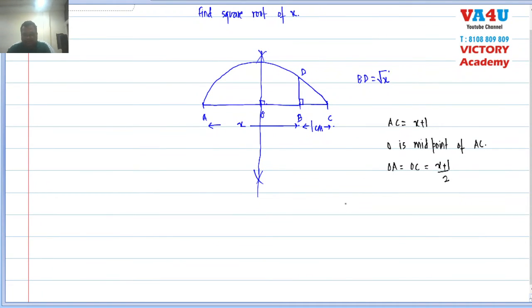Now, if you observe, OB plus BC is equal to x plus 1 upon 2, because OB plus BC is OC. But what is BC? 1. So OB plus 1 is x plus 1 upon 2. So OB is x plus 1 upon 2 minus 1.